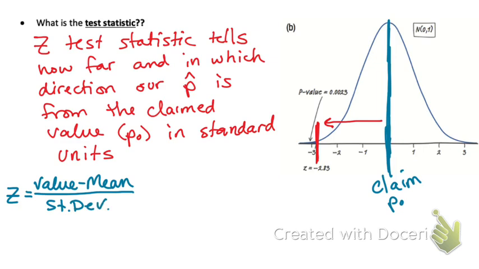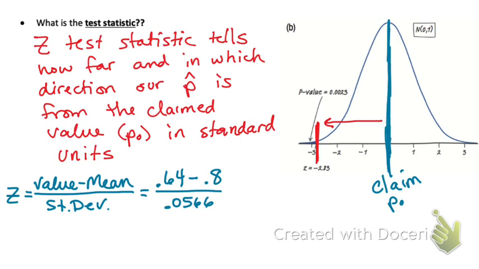Let's go. Well, guess what, you guys? This is going to be the value of the sample, which would be 0.64, that was our sample proportion, minus the mean of the distribution, that's the claimed value, divided by the standard deviation of the distribution that we calculated.